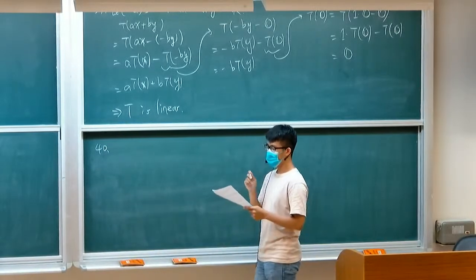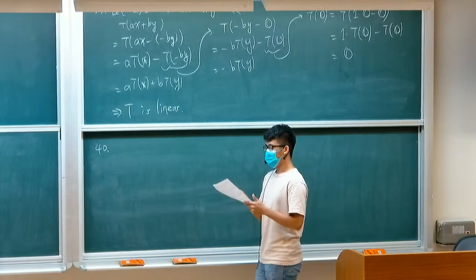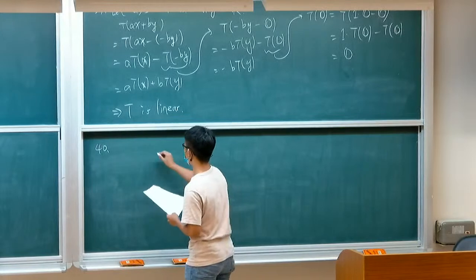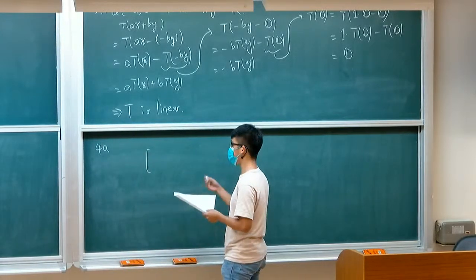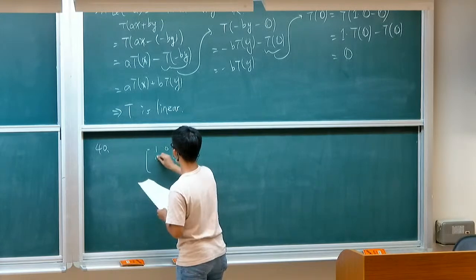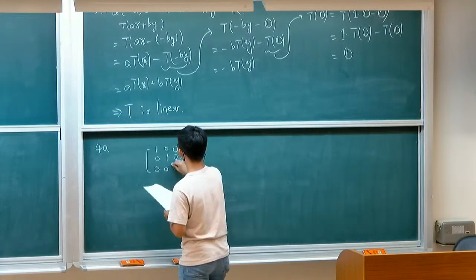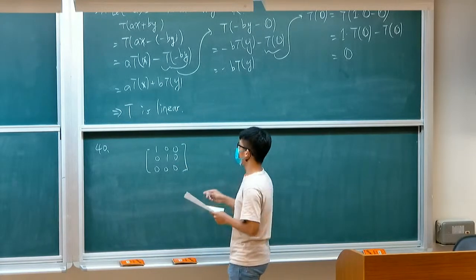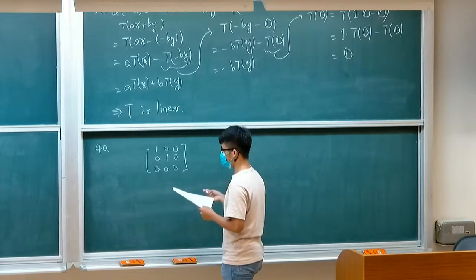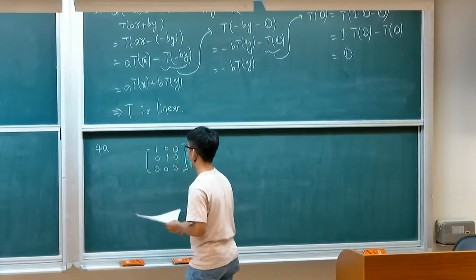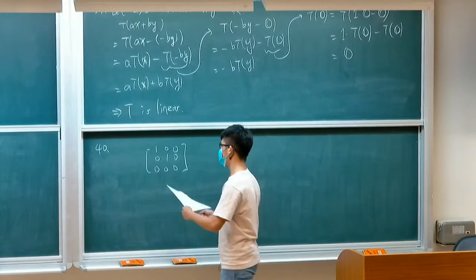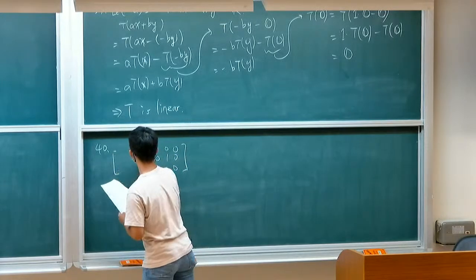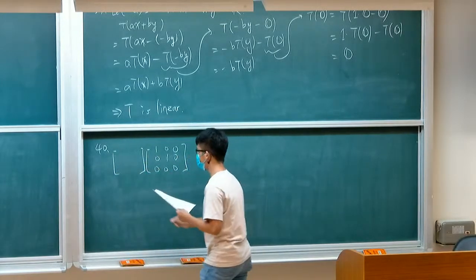First, we need to project any point onto the x1, x2 plane. So it means the z component needs to be wiped out. So we can use this matrix to project any points perpendicularly onto the xy plane. Then we need a rotation. So let's consider the second matrix.